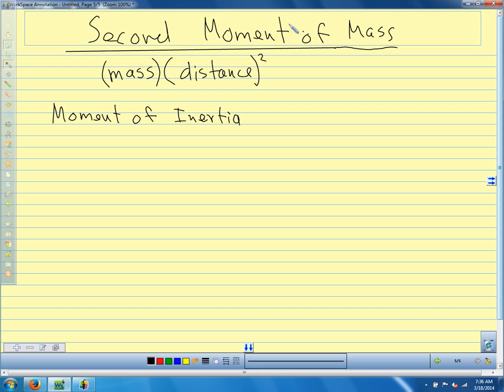We can go through the same process that we went through for the first moment of mass to define our double integral. So we're going to define our second moment of mass. I'm not going to go through the process again. I think we're familiar enough with the process now.